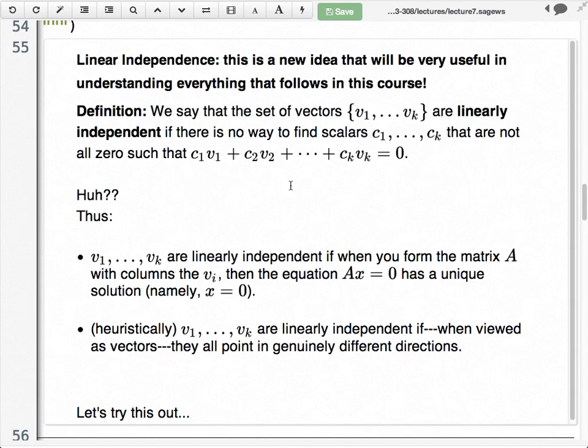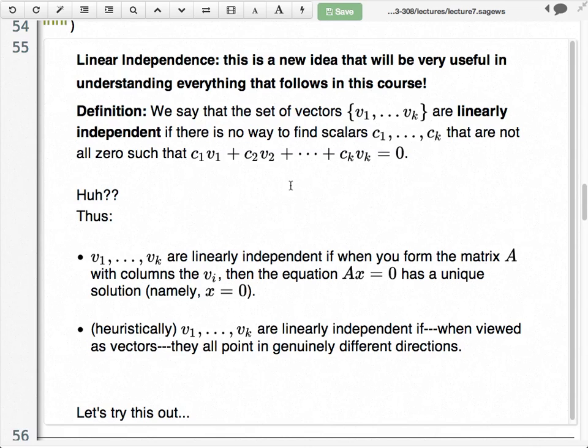If you had c1 times v1 plus c2 times v2 equal to 0, what would happen? If c1 were 0, then you'd have c2 times v2 equal to 0, and that would tell you that c2 has to be 0, because v2 is (3, 4). It's not 0.